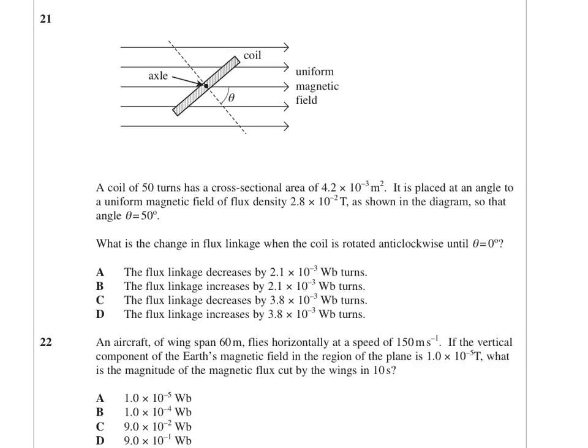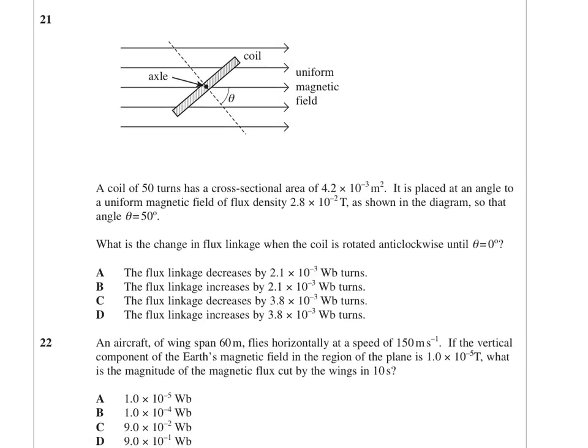Okay. So when it reaches 0, the flux linkage will just be BAN, which is 5.88 times 10 to the minus 3, and the flux linkage at the angle of 50 degrees would be that times by cosine 50, which is 3.77 times 10 to the minus 3.